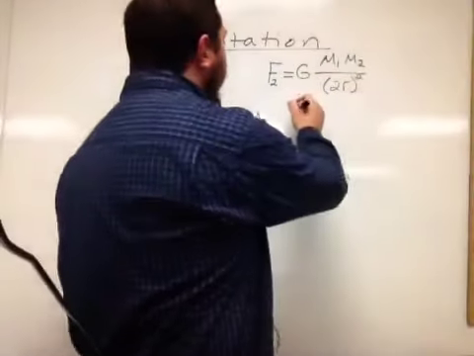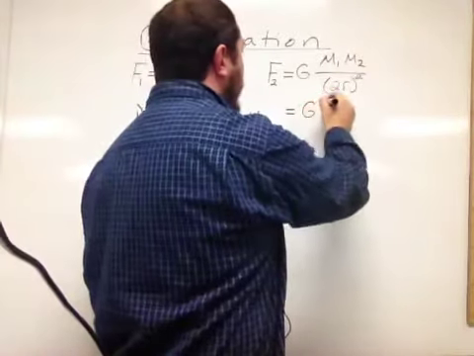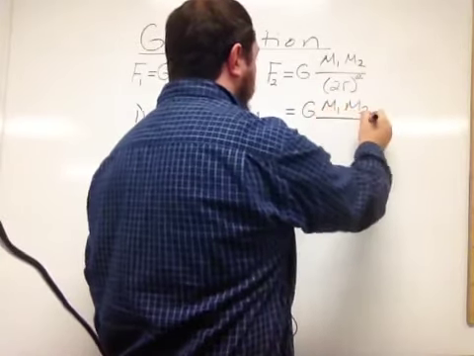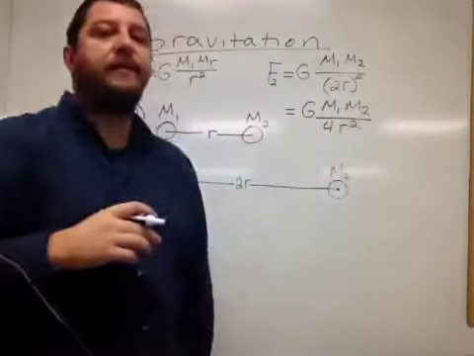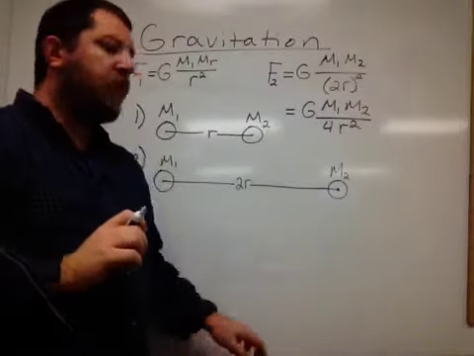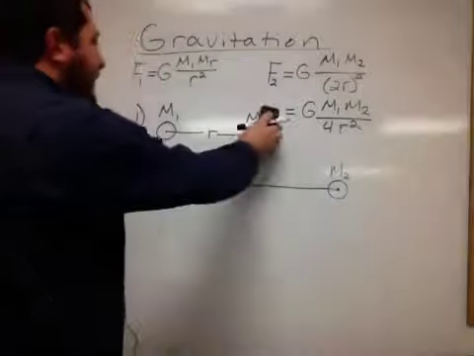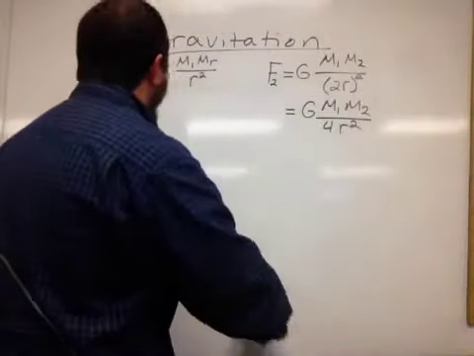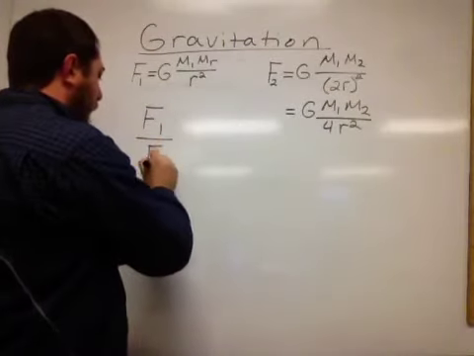So how do these two compare? If I explicitly solve this equation, I get this value. And now, to get a sense of how these two forces compare, let's take the ratio of these two forces. Let's take the ratio of force 1 to force 2.